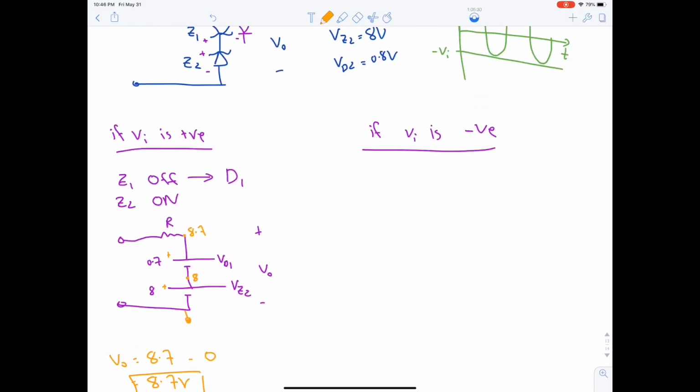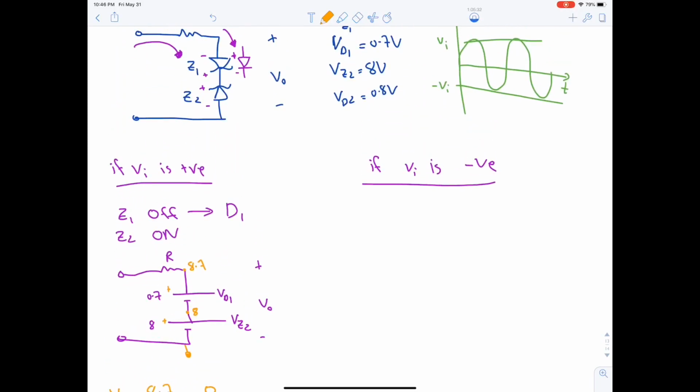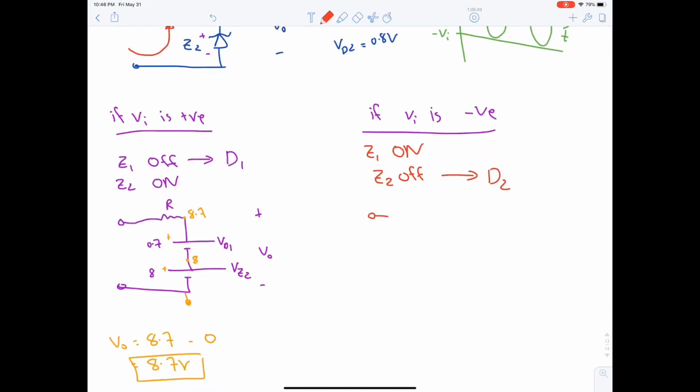If Vi is negative, then the current is flowing in the opposite direction. Hence, Z2 is off, so it will be converted to a D2 diode, and Z1 is on. Okay, let's now draw it.